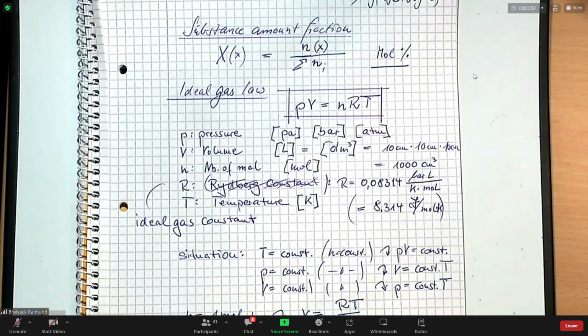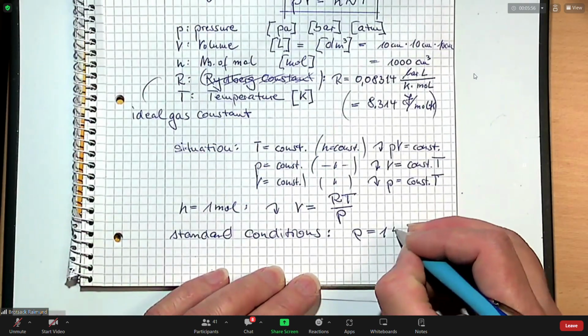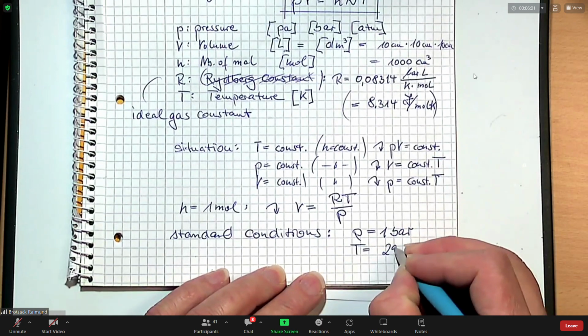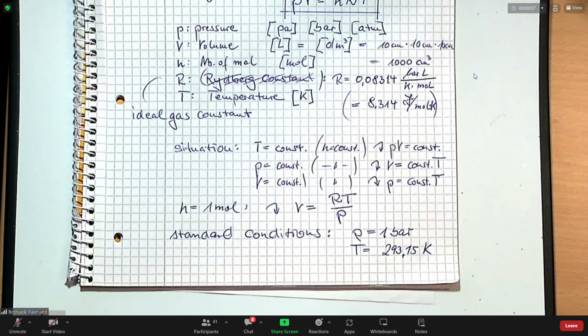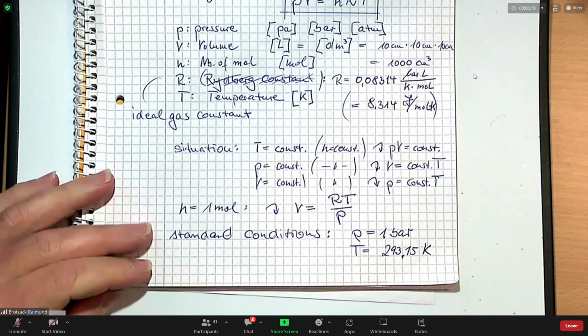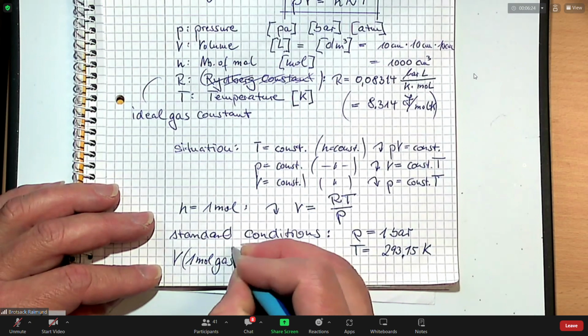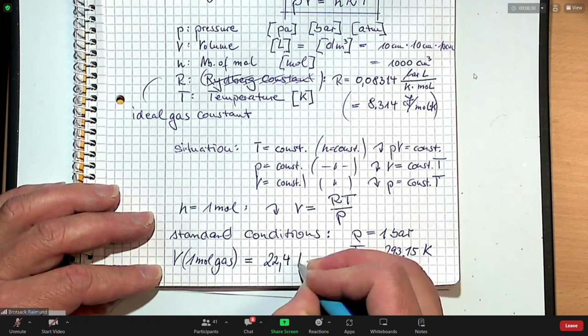Standard conditions always means P is 1 bar, and the temperature is 293.15 Kelvin, which is 20 degrees Celsius. What is the volume of 1 mole of gas in the standard conditions? Yes. So the volume of 1 mole of gas at standard conditions in this case is 22.4 liter.